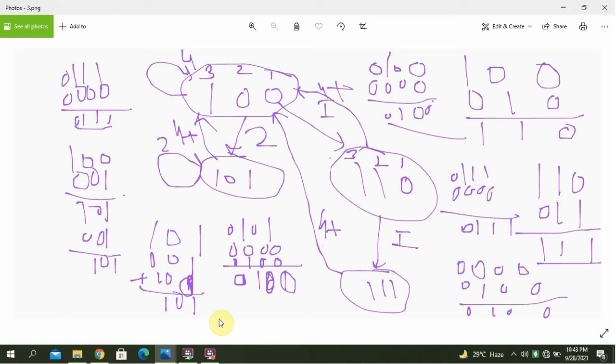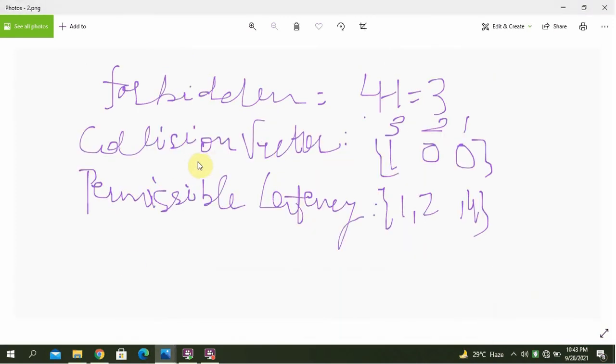And the initial state corresponds to the collision vector. Here the collision vector is 1, 0, 0. So the initial state is 1, 0, 0.